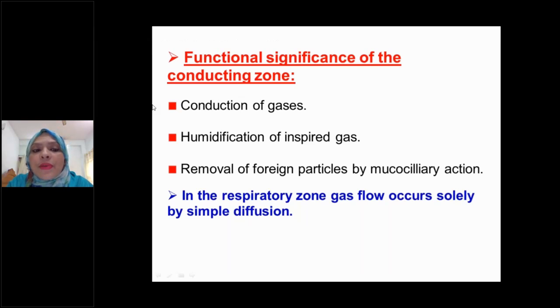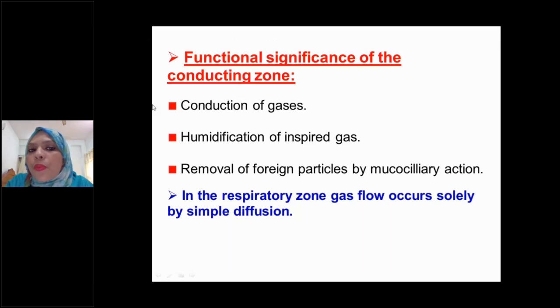In the conducting zone, there is no gaseous exchange. Please memorize this point very carefully. In the conducting zone, gaseous exchange never occurs.